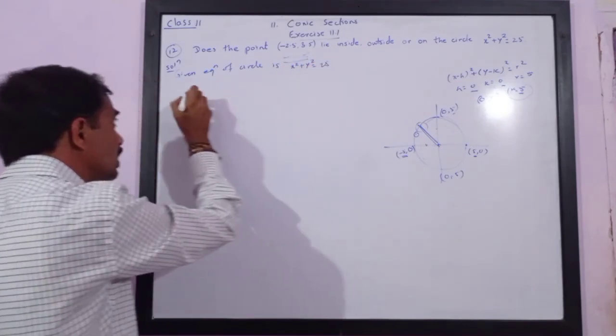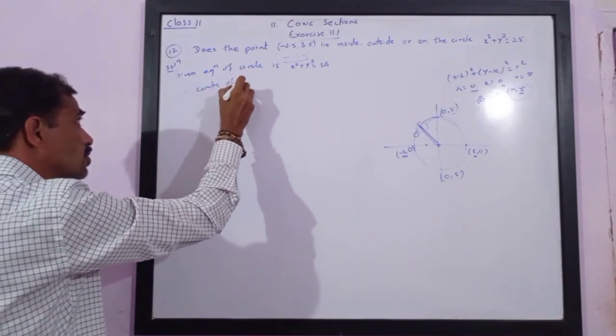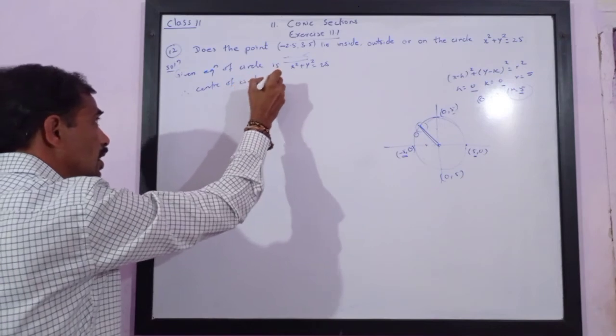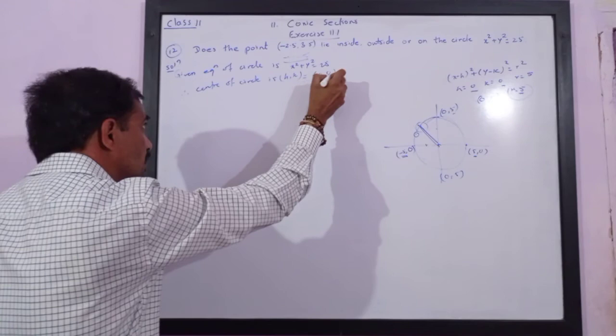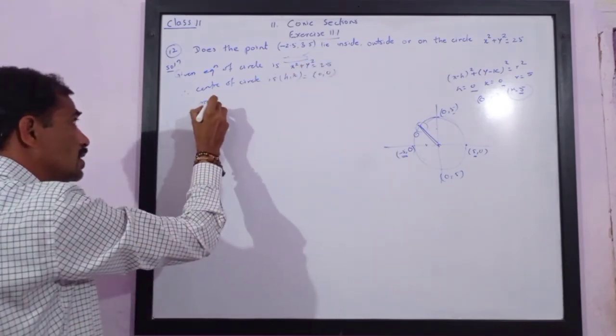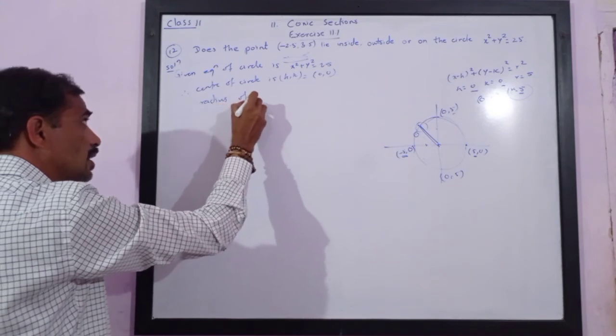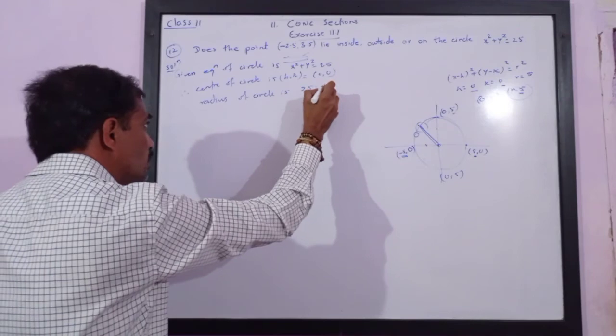It does mean that the center of the circle (h, k) is equal to (0, 0), that is the origin, and the radius of the circle is 5 square, 25, that is equal to 5 square.